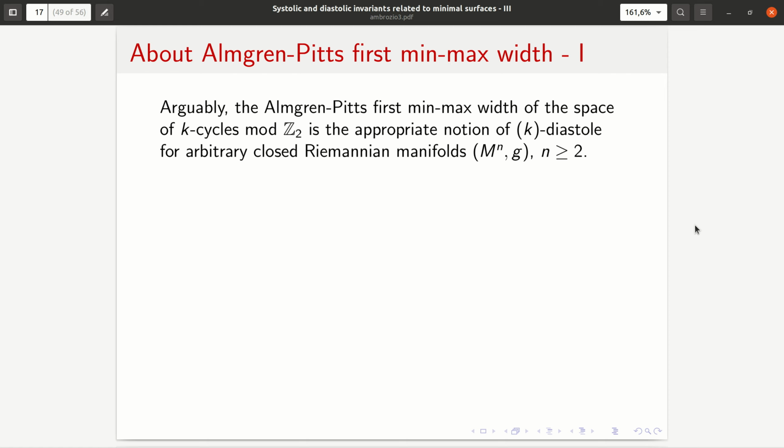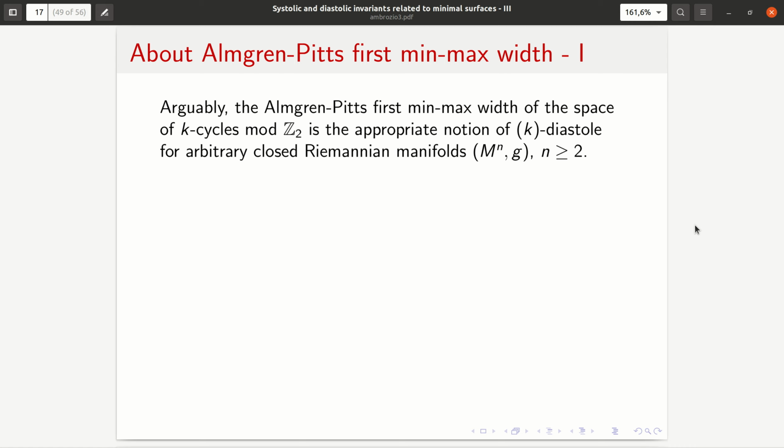And since the Almgren-Pitts theory is, for me at least, who am not a specialist, it looks like the one that is the most flexible. It allows sweep-outs that are fairly easy to deal with.